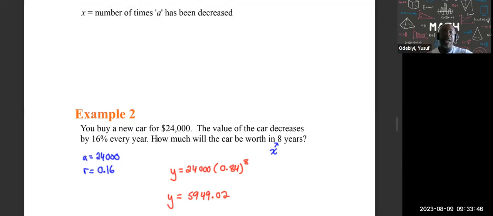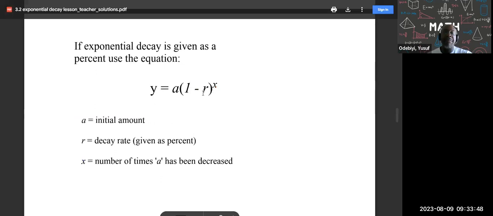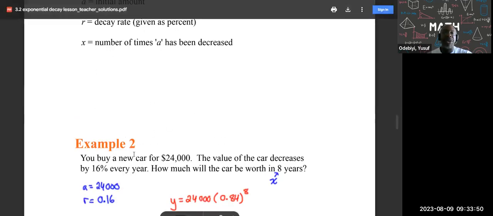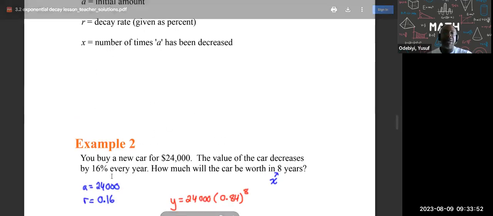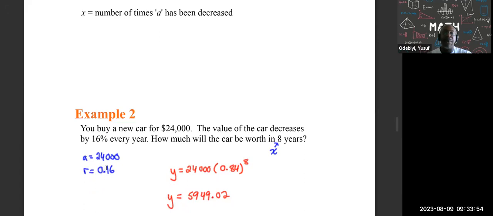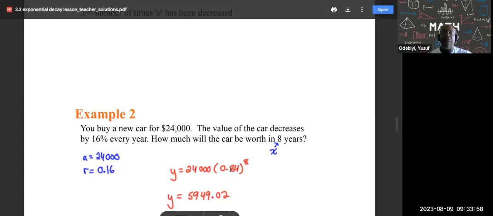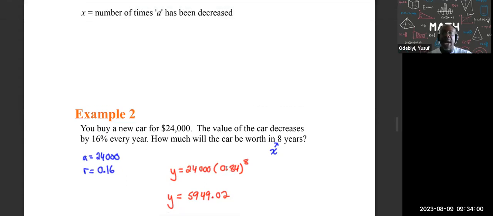I'm going to use this formula, 1 minus the decay rate, so it's 1 minus 0.16. In my bracket, you can see it's less than 1, and that is my decay factor.